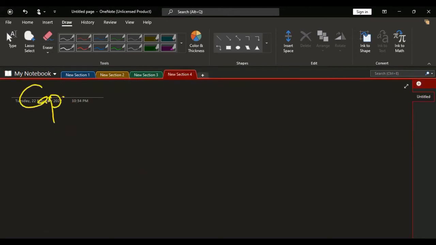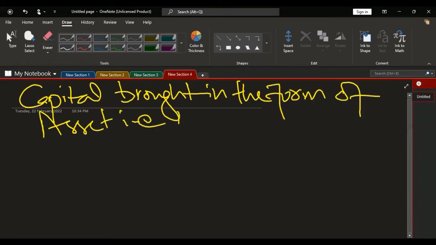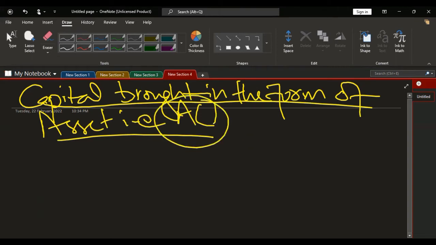Capital brought in the form of an asset. For example, the owner has brought an AC into the business for business use.